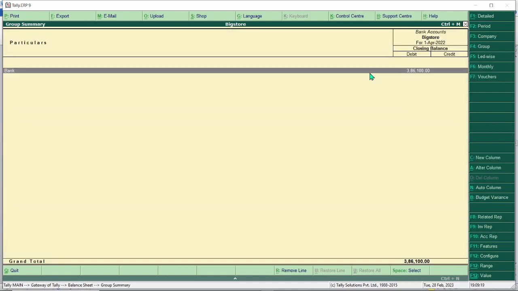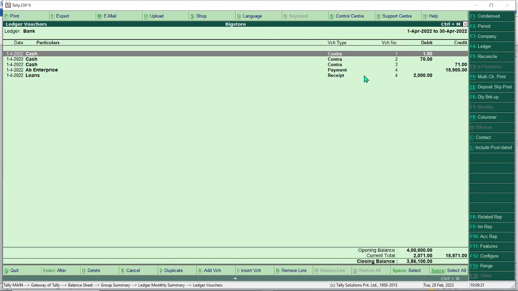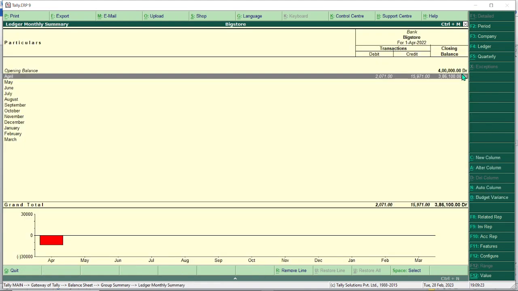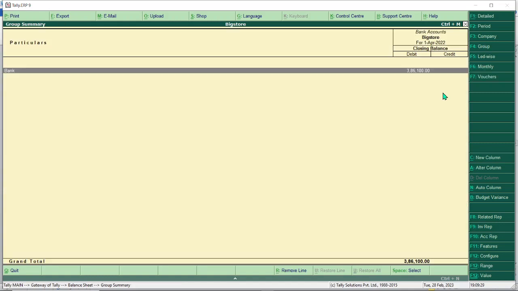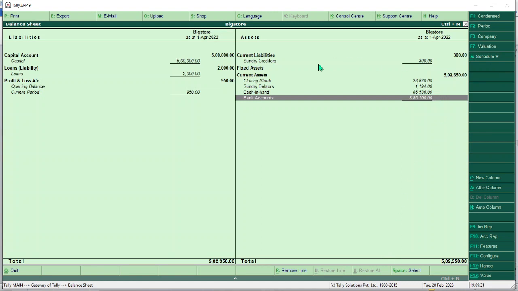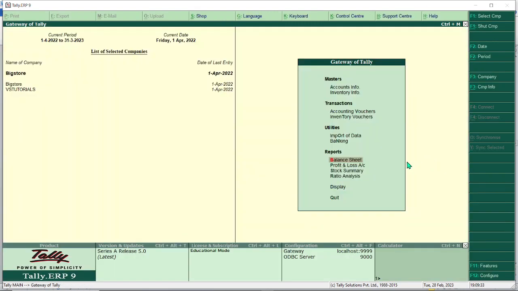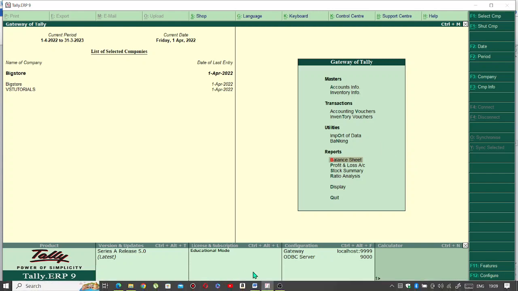Earlier how much money was in my bank account? Earlier it was 4 lakh and 86,000. Now I have taken some loan.